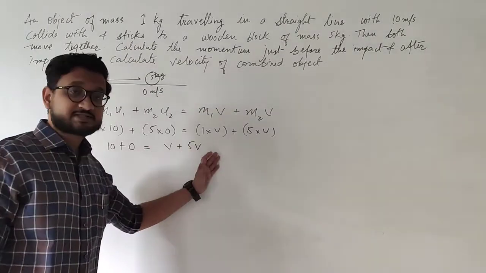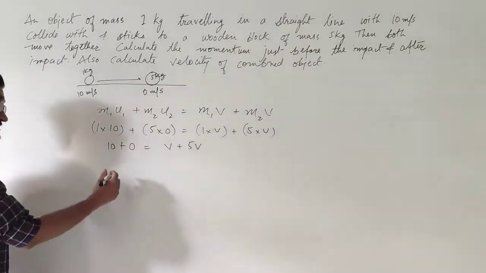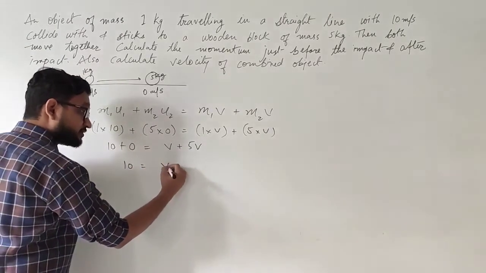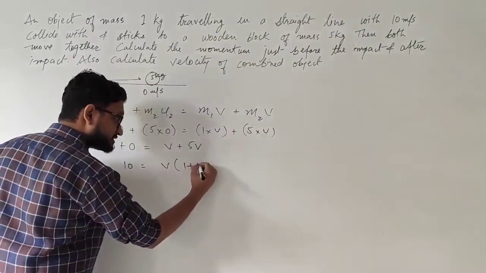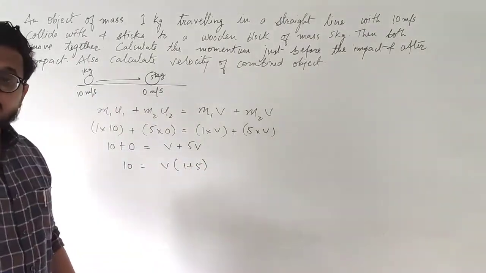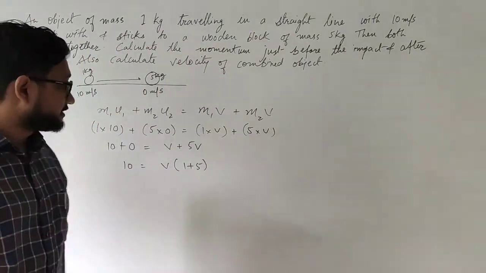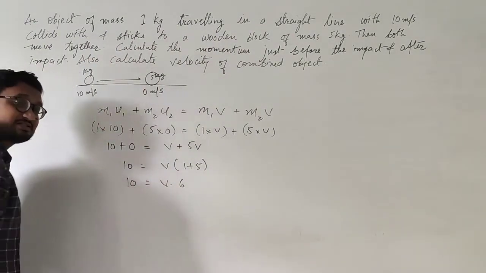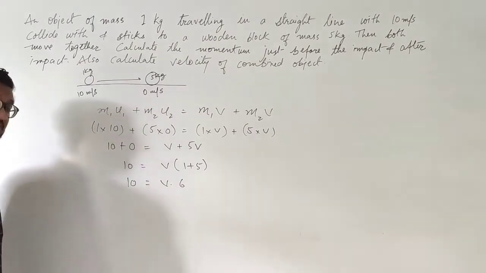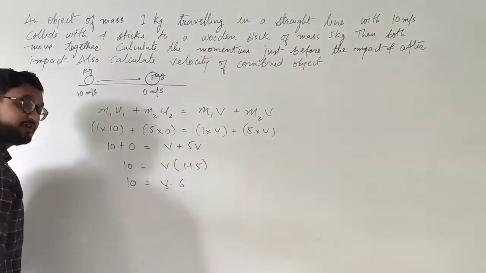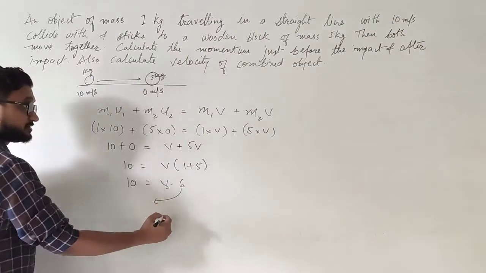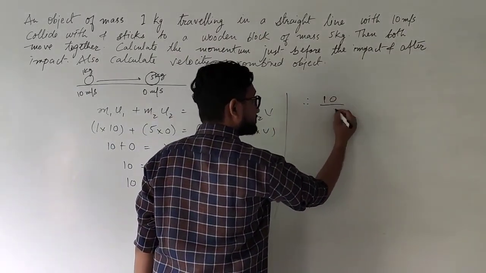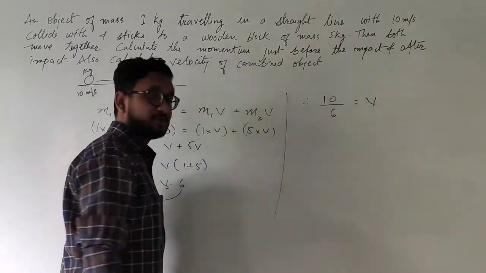Now all you need to do is take the v common, simple algebra. 10 plus 0 is 10, v common, then it becomes 1 plus 5. 1 plus 5 is 6, and therefore 10 is equal to v into 6. Simple cross multiplication, because we need to find the value of v. Therefore 10 upon 6 equals v.